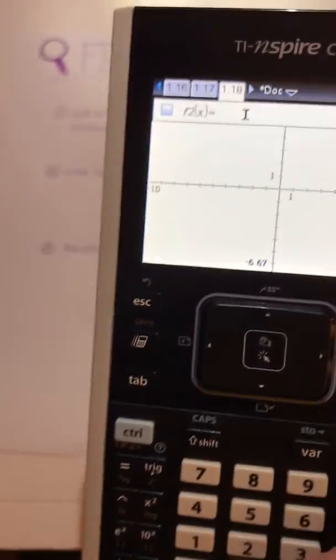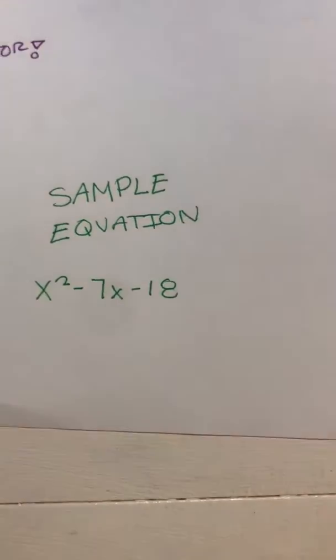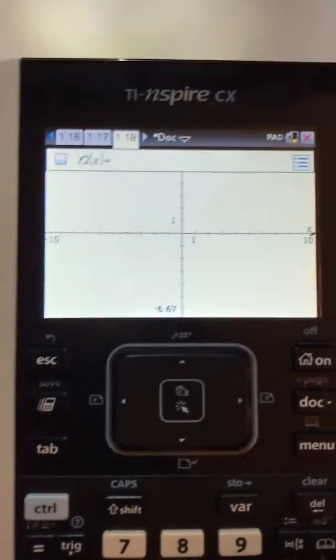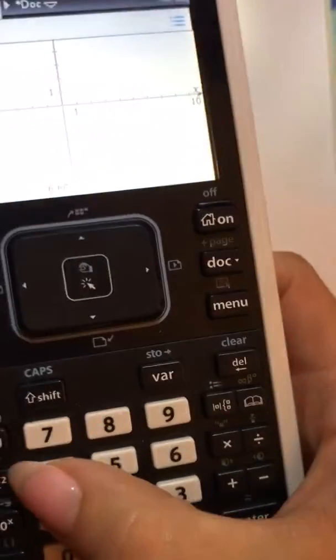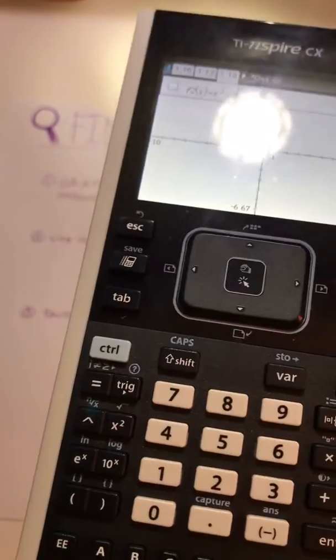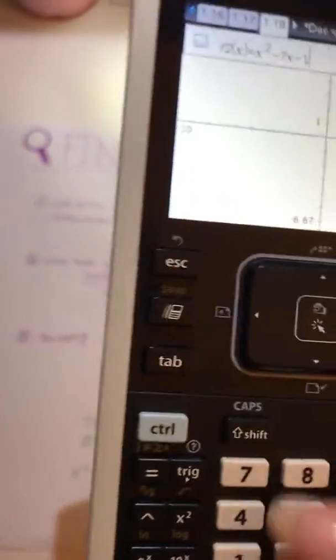Now, the first way that we can do it with our sample equation, which is x squared minus 7x minus 18, we can plug it into our calculator, which is x squared minus 7x minus 18.